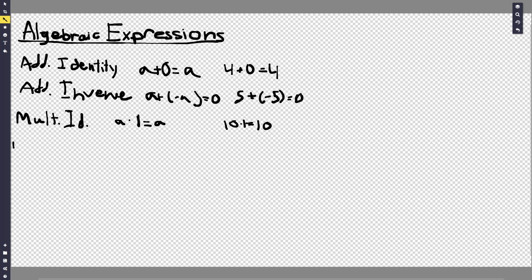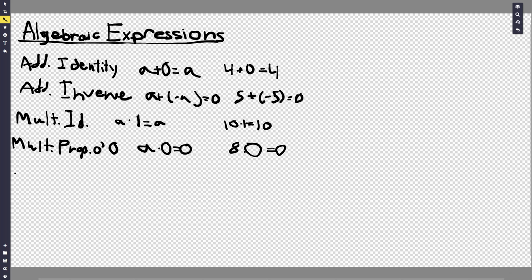And then now we have the multiplicative property of 0. This basically just says if you multiply A by 0, you get 0, which again we all know, right? So 8 times 0 is equal to 0.